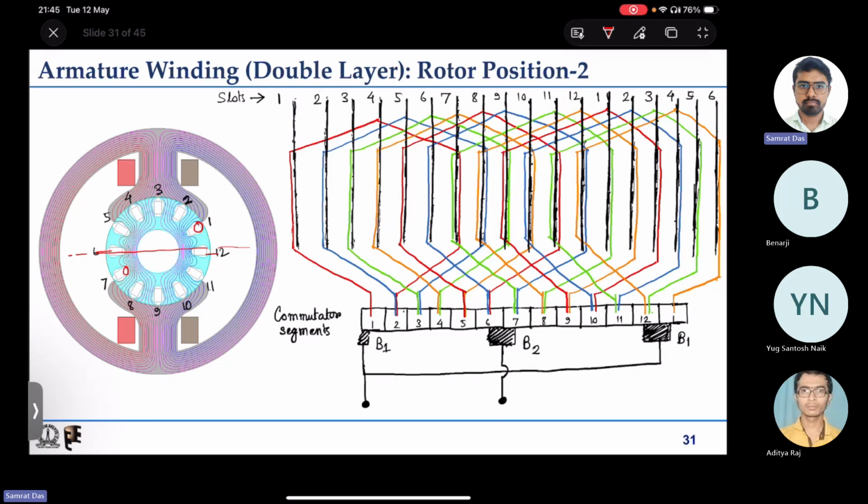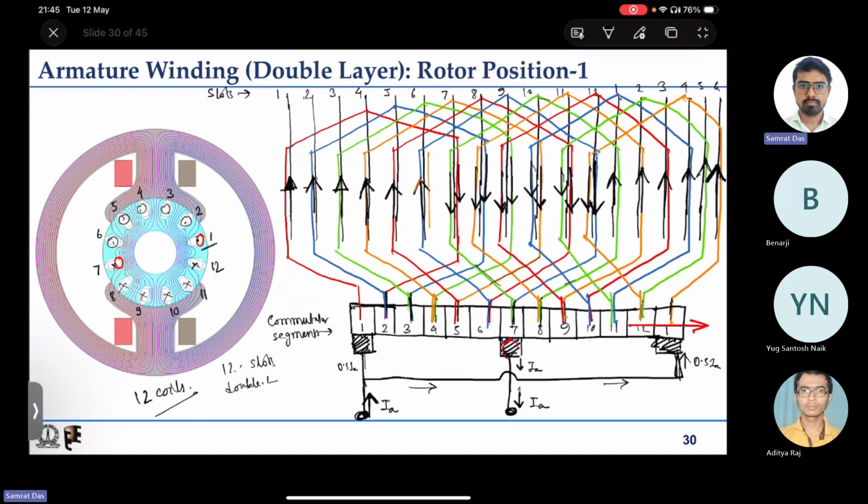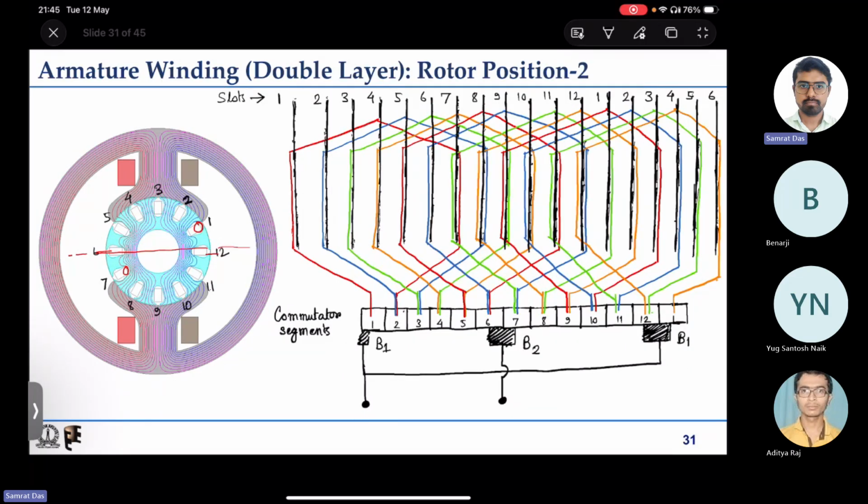So let me select the left one only. So now the brush which was connected to commutator 1 was having inward current. So this brush, touching 1 and 12, must be having inward current.